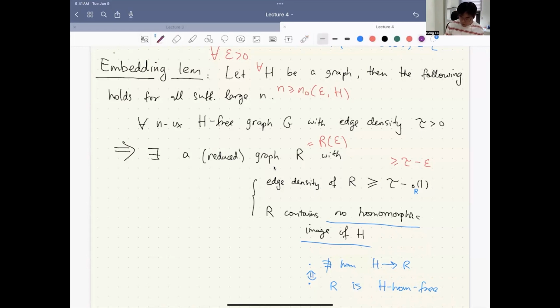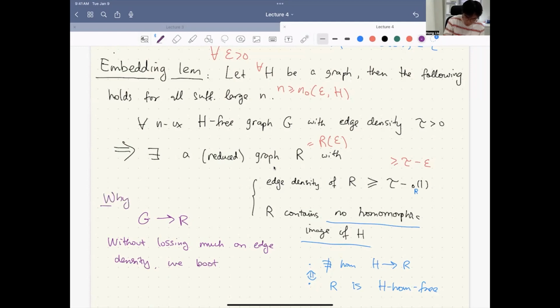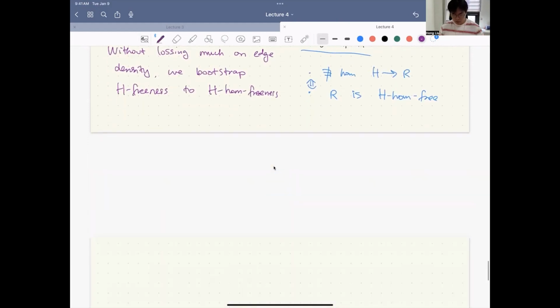So the remark is that from G to R, without losing much on edge density, we bootstrap H-freeness in G to H-hom-freeness in R. This answers why the embedding lemma is useful.